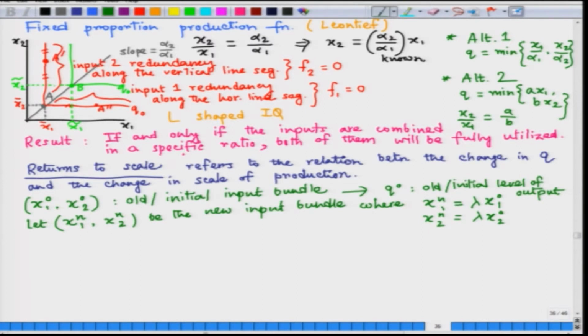Then the question is, what about the new level of output denoted by Qn, right.